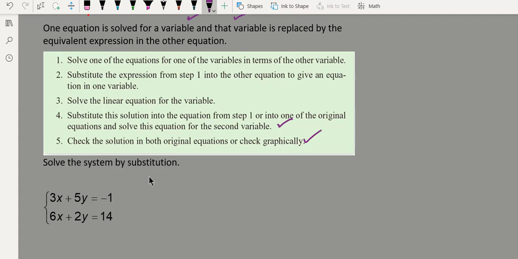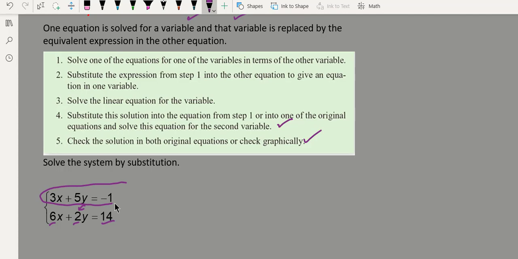All right, so the first thing is we want to solve by substitution. So you determine what variable you want to solve for. Now, for me personally, I go with a variable that has no coefficient, or if all of the coefficients in an equation have something in common.